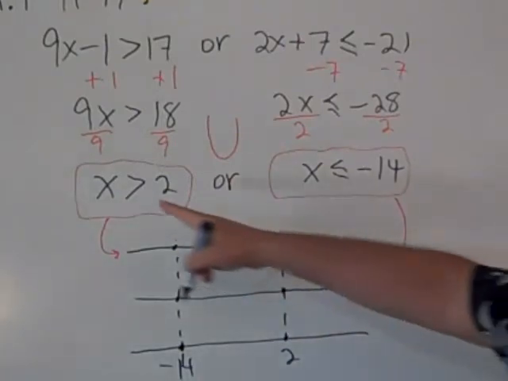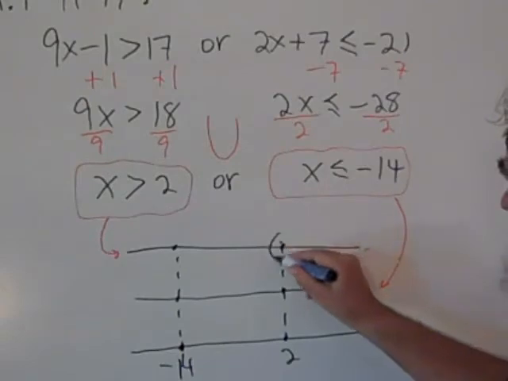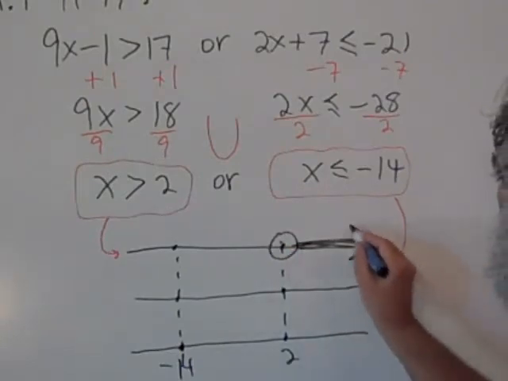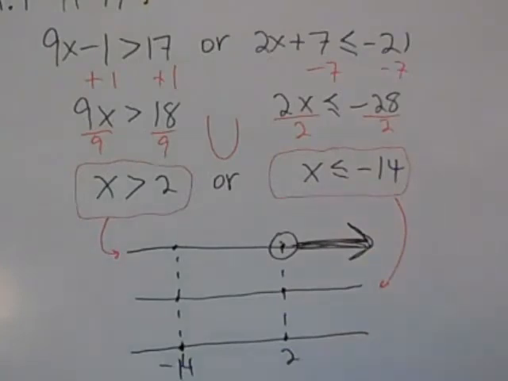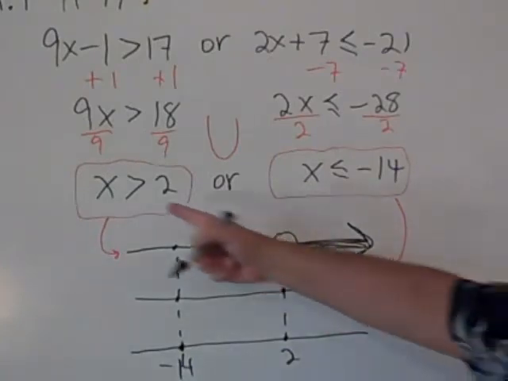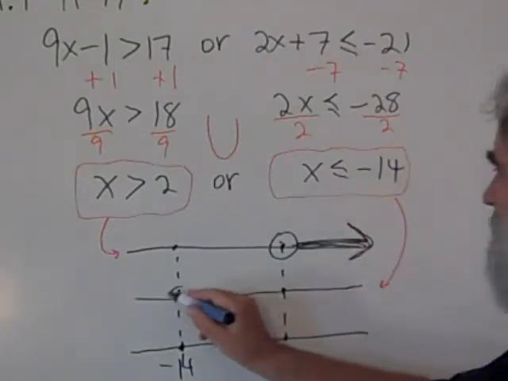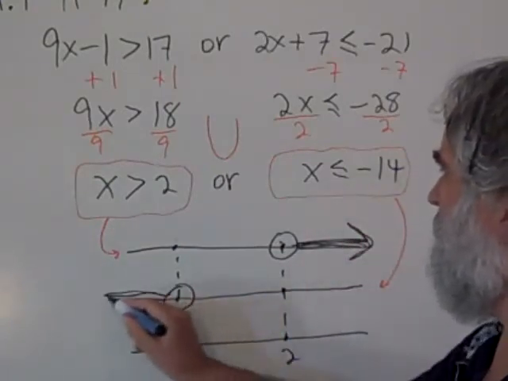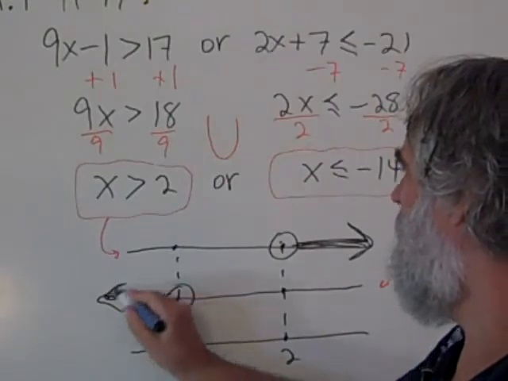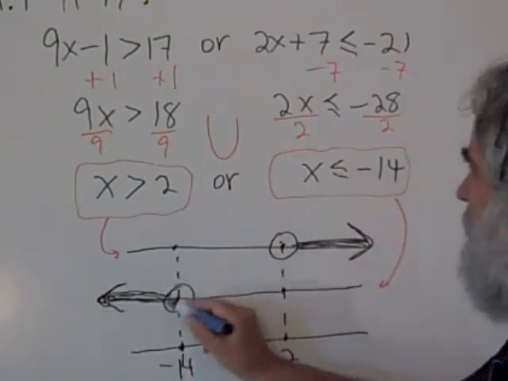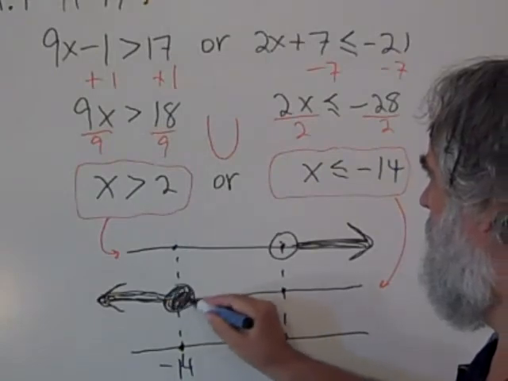So graphing x bigger than 2 means everything to the right of 2, where the numbers are greater than 2. That's the first solution set graphed. x is less than or equal to negative 14 means everything to the left of negative 14, and including the negative 14 here.